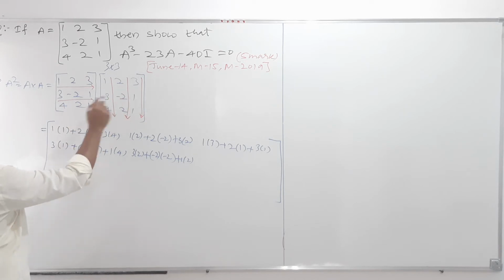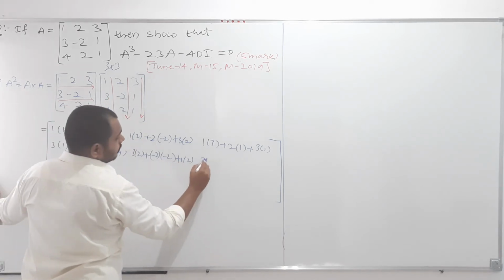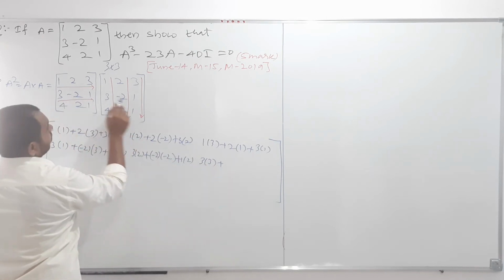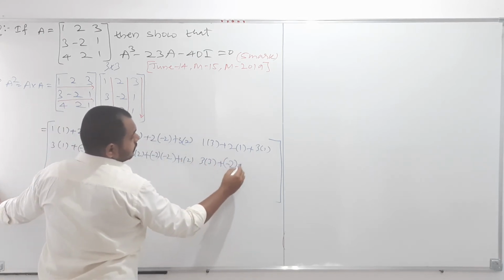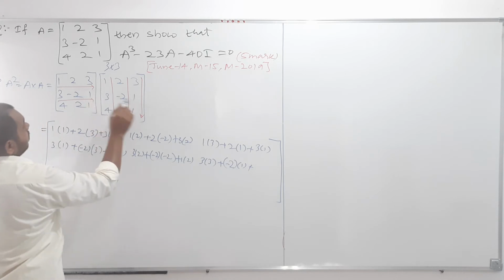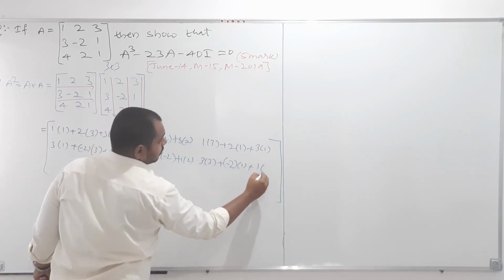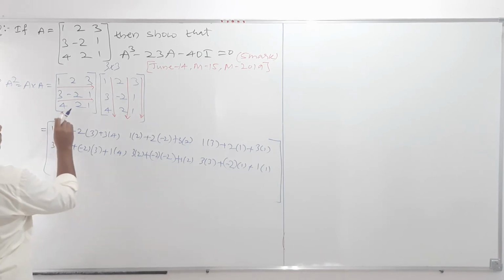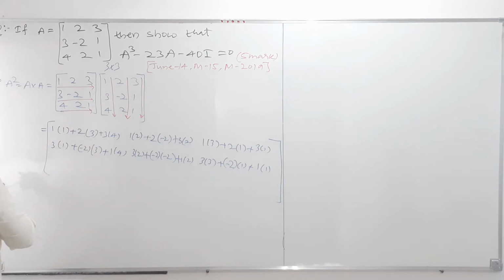Next second row third column: 3 into 3 plus minus 2 into 1 plus 1 into 1. Next my dear students, third row first column.